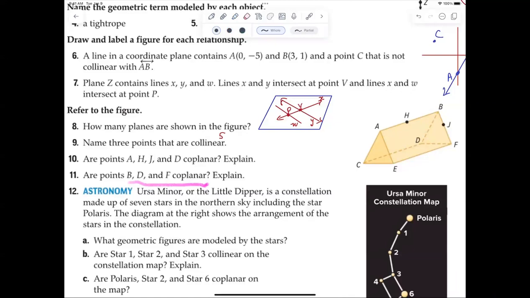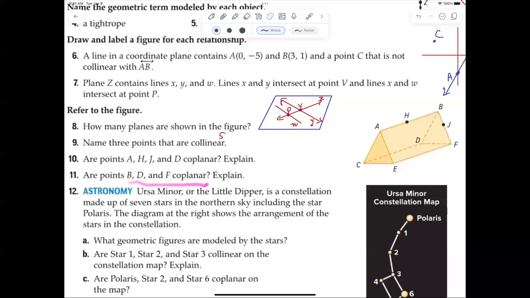Now, put your hand down and listen. Is it possible to draw the plane AHJD? It's not possible. Does everybody agree with that? It would go through 3 of those points, but will never go through all 4. Is everybody with me? All right. Is CDE coplanar? Yes.